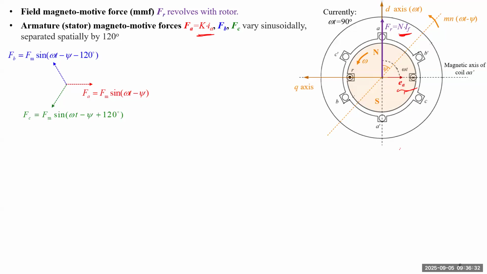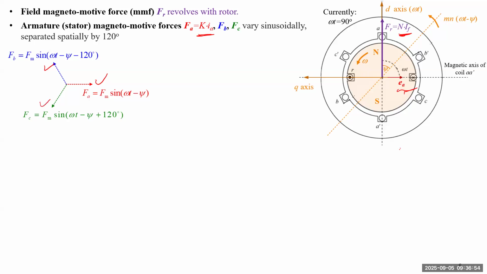So we have to determine the direction. We already defined the direction right now because A is here, right? The A axis is pointing to the right. So we define the positive axis for A, which is this one. Then B will be leading A by 120 degrees spatially, but temporally it will be lagging by 120 degrees.